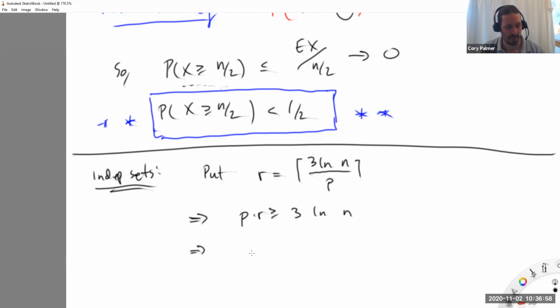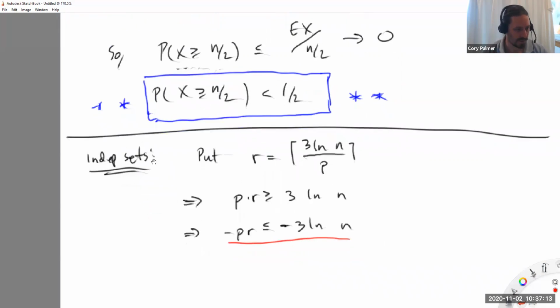The real form we're going to want to use is that negative p times R is less than or equal to negative 3 log n. We'll see why later on.